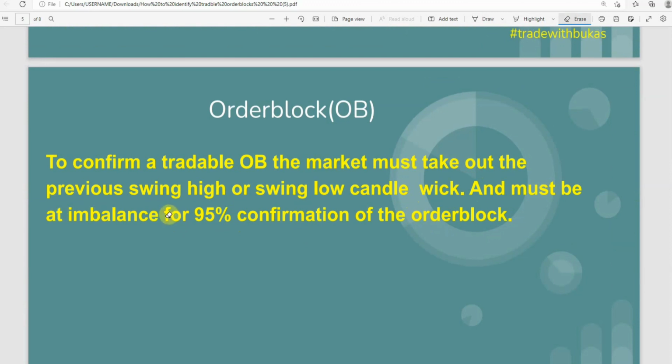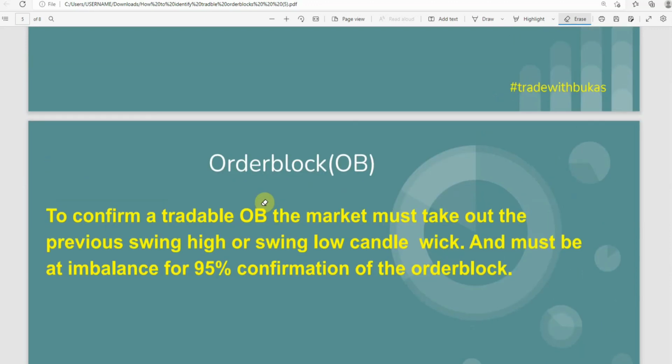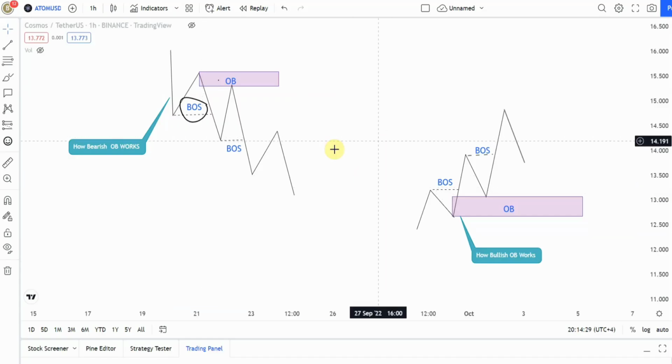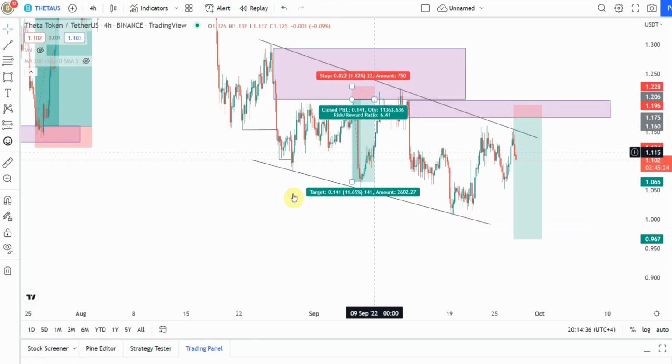Imbalance or FVG before the sell-off candles. So these are scenarios that you can use to determine whether an order block is a tradable one or not. So let's go to the real chart. As I have shown you this, let's now see what is happening in the real market.